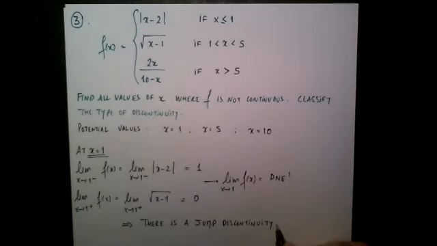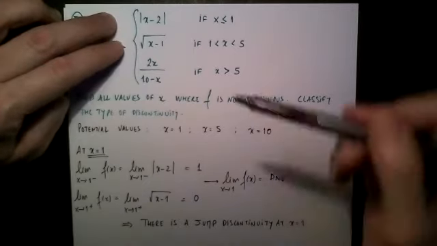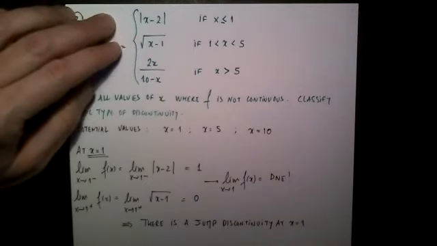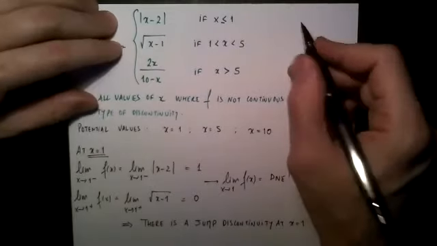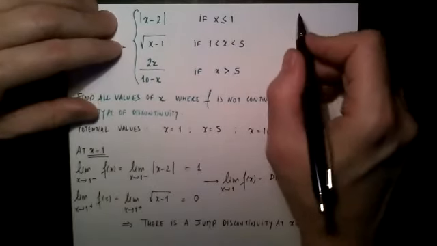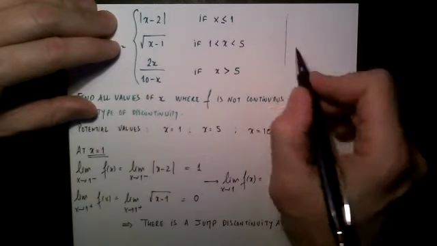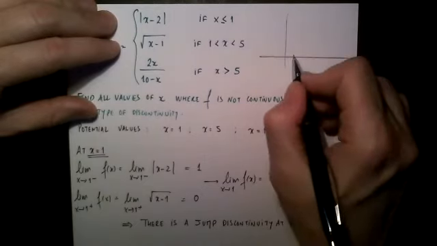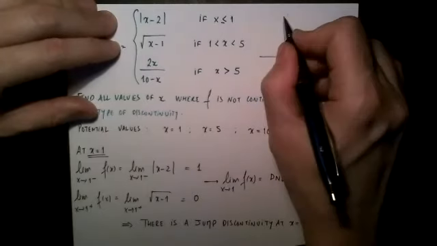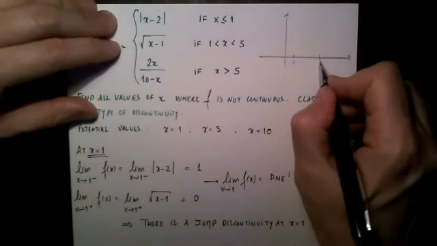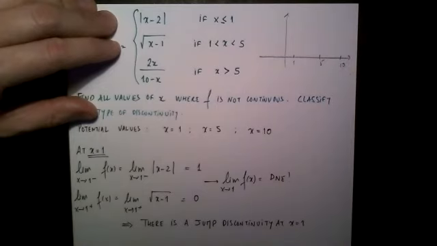Okay, at x equals 1, if I were to draw the function, it would be something like this. At 1, at 5 and at 10, we're going to talk about this in a second.